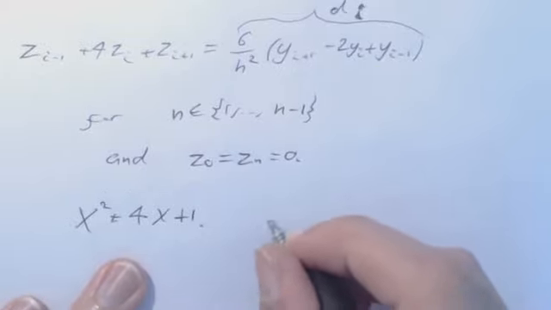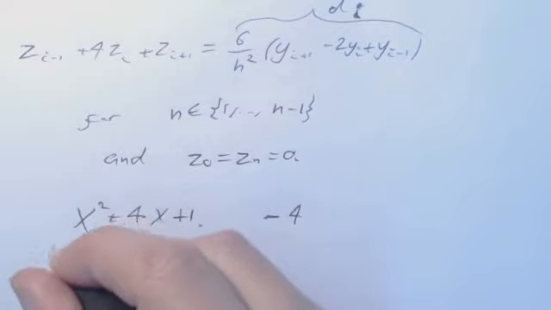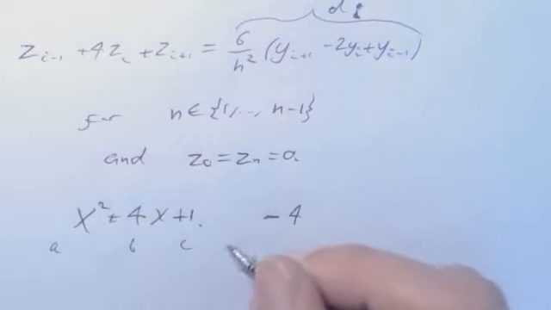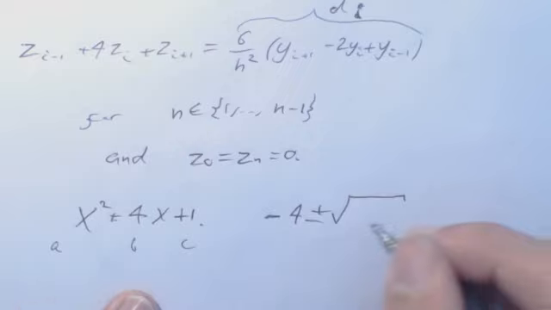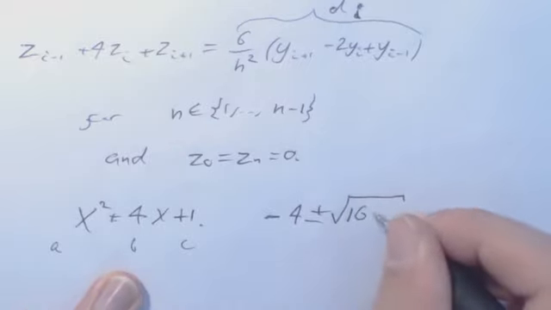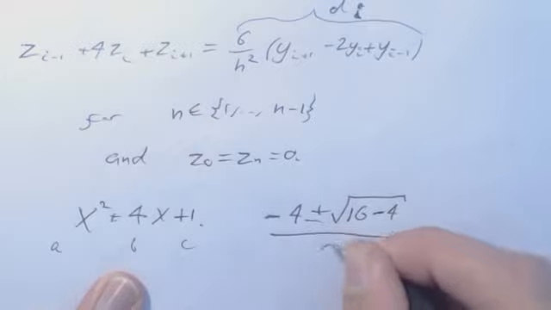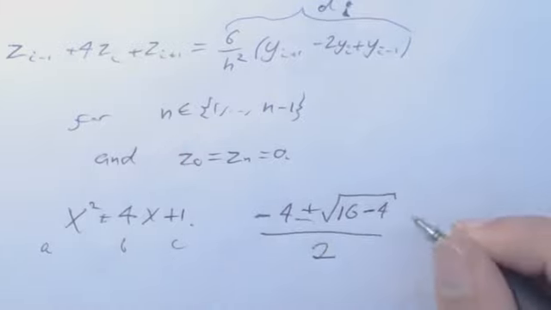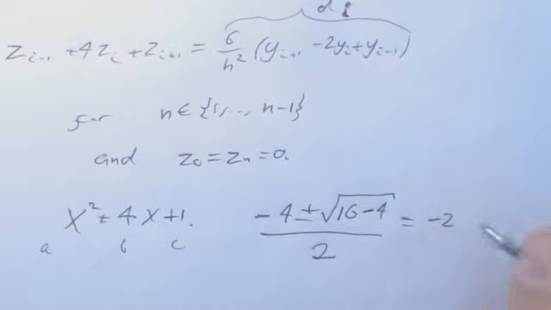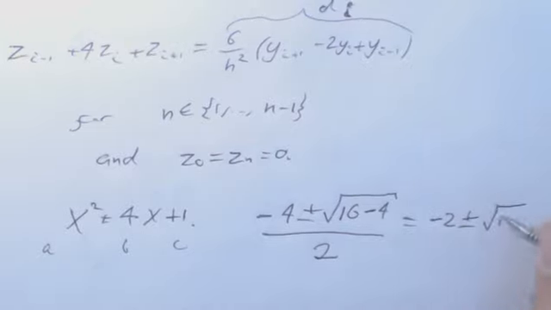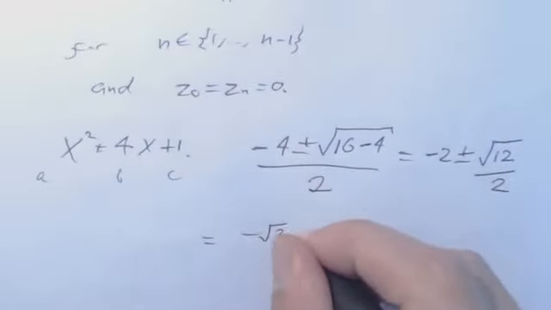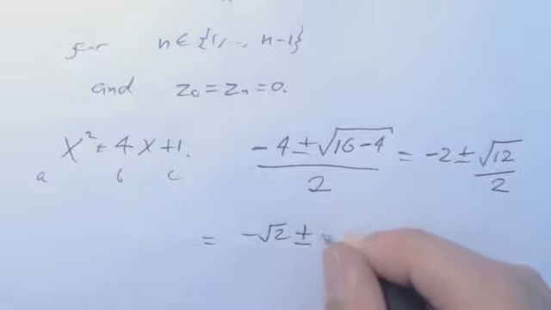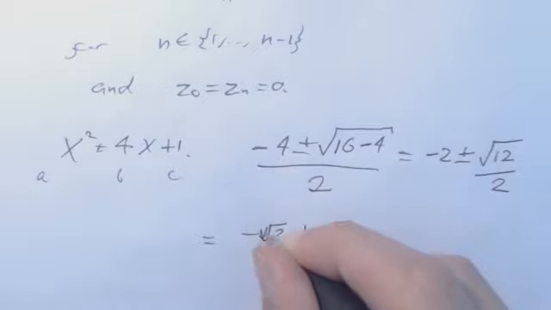So we're going to have minus b, so a, b, c, coefficients of our quadratic, minus b plus or minus square root of b squared minus 4ac all over 2a, which is equal to minus 2 plus or minus the square root of 12 over 2, which is equal to minus 2 plus or minus square root 3.